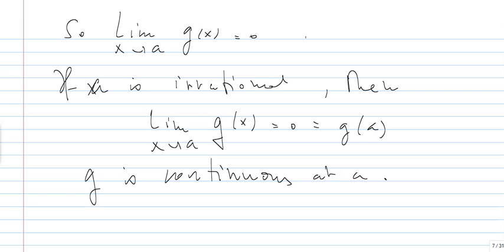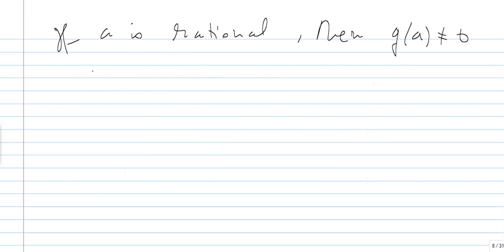But if a is rational, then g(a) is different from 0, and therefore the function g is discontinuous at a. So this function is continuous on all irrationals, but not on the rationals. This is totally different from the function f, the first one, because the function f did not have limits everywhere, and therefore is discontinuous everywhere.